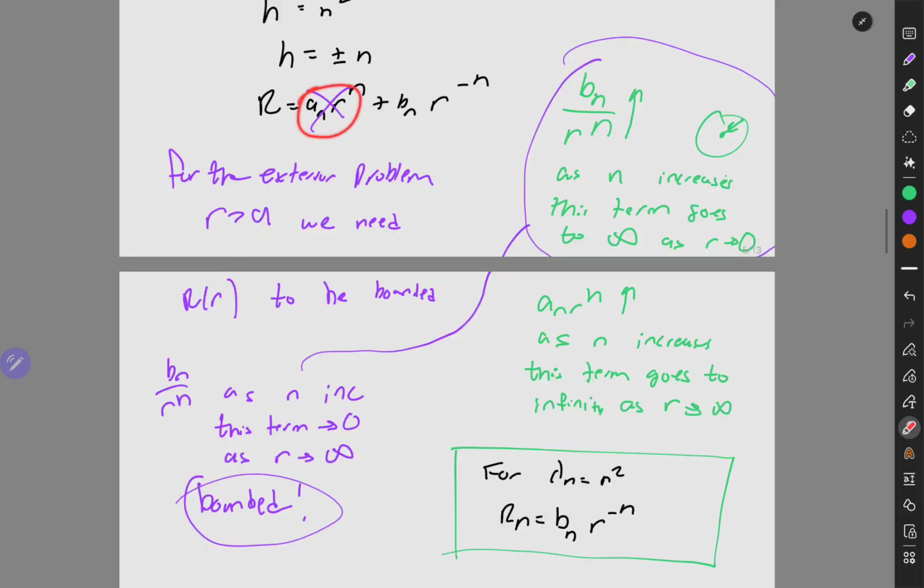If we look at this one over here, as r goes to infinity, as n increases, this whole term is going to go to infinity, right? So you can see that that's going to be unbounded, so we remove that term. We don't want it. We only want this term.